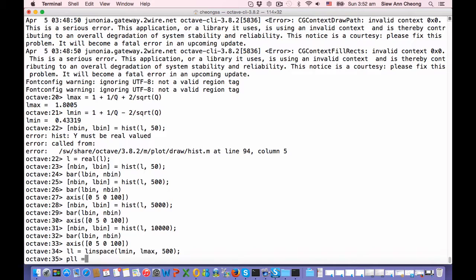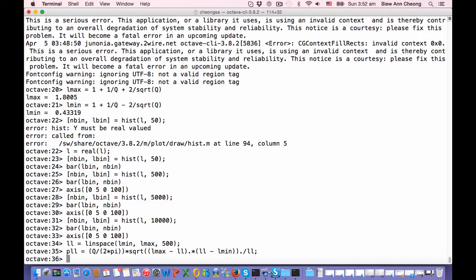And then PLL would be equal to Q divided by 2 pi, okay, times the square root of L max minus LL dot star LL minus L min, and then dot divide by LL. Okay, and also I need to normalize N bin by dividing it by 400, and also DL bin, which I have not calculated yet.